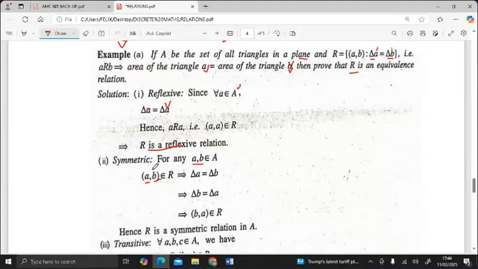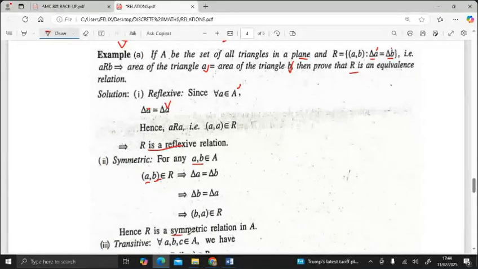We go for symmetry to show whether that relation is symmetric or not. What do we mean by symmetric? If the area of triangle A is equal to the area of triangle B, is it true, therefore, that the area of triangle B is also equal to the area of triangle A? It is true.